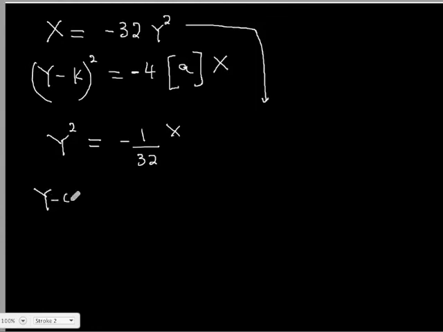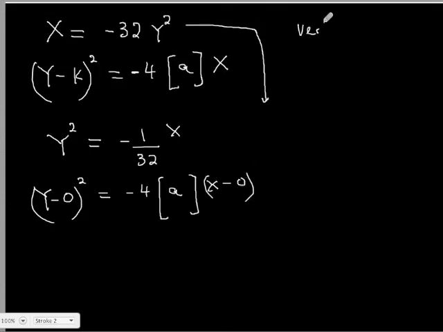So this time I'm actually going to physically write the 0. So this is (y minus 0) squared is equal to negative 4 times some value that I don't know yet times (x minus 0). So you know that your vertex is (0, 0).